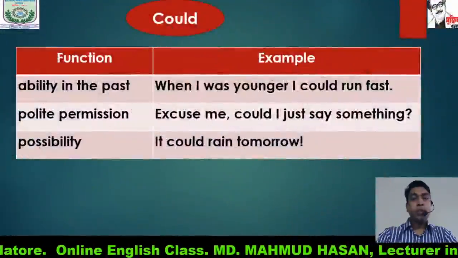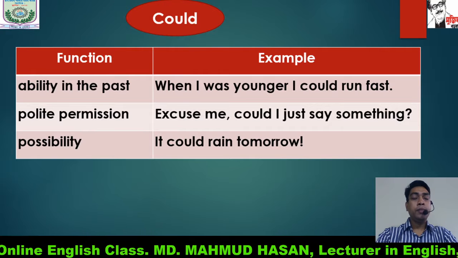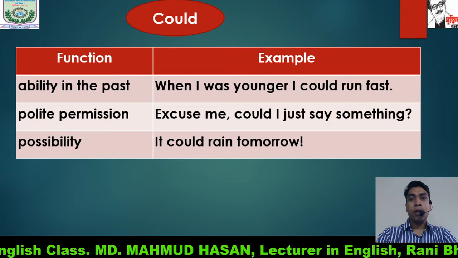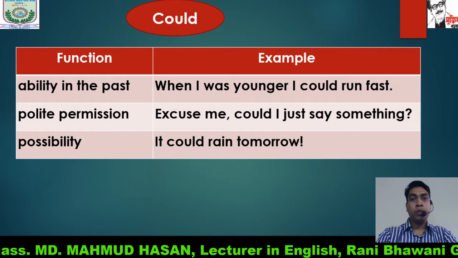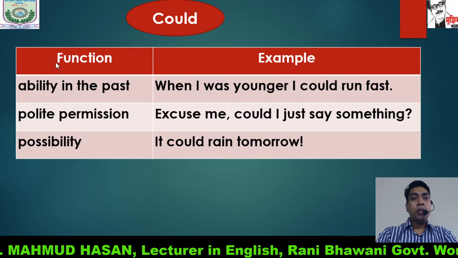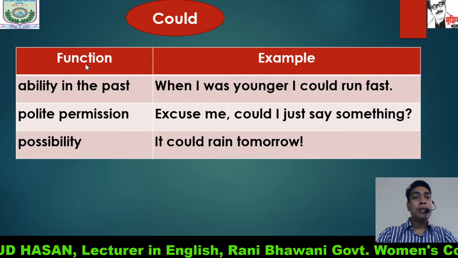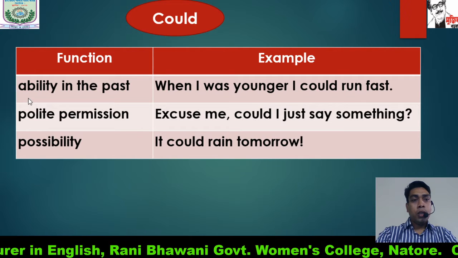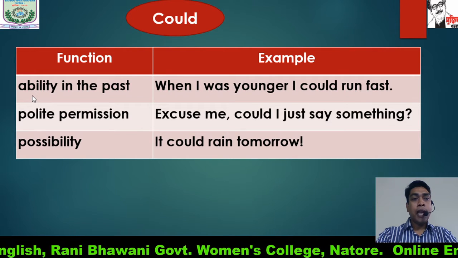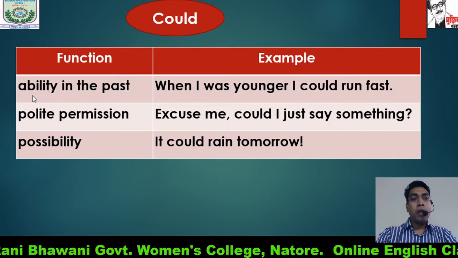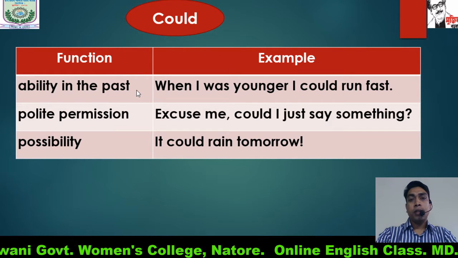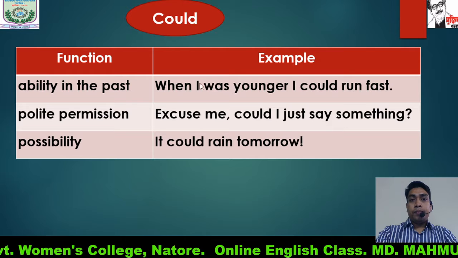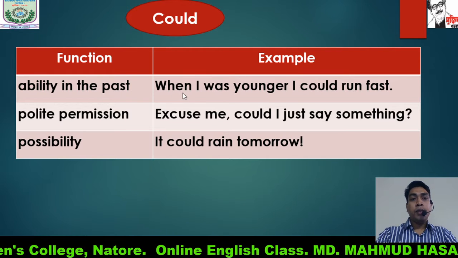So now we'll discuss the functions of could. The past tense of can is could, and we normally use it in three aspects. The first aspect is ability in the past. Examples are given here.